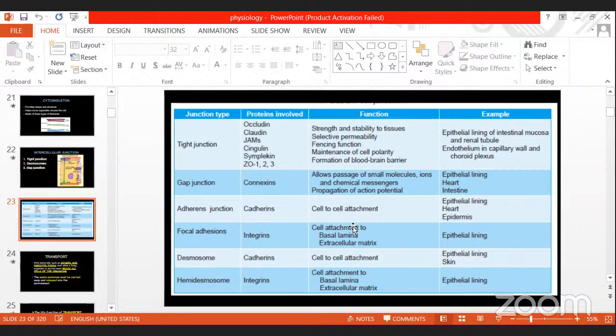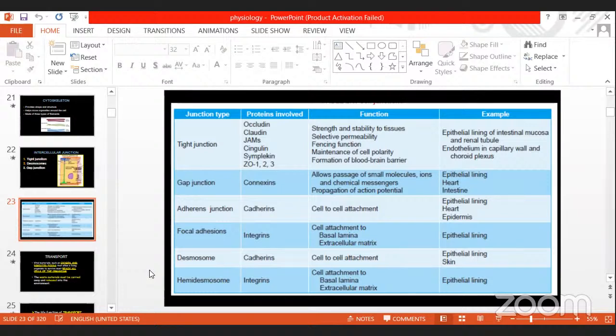And the fifth one is desmosome. Desmosome is again a cell-to-cell attachment. It is also present in the epithelial lining and skin, and the protein involved is known as cadherin. Hemidesmosomes are also involved, and the protein involved is integrin.